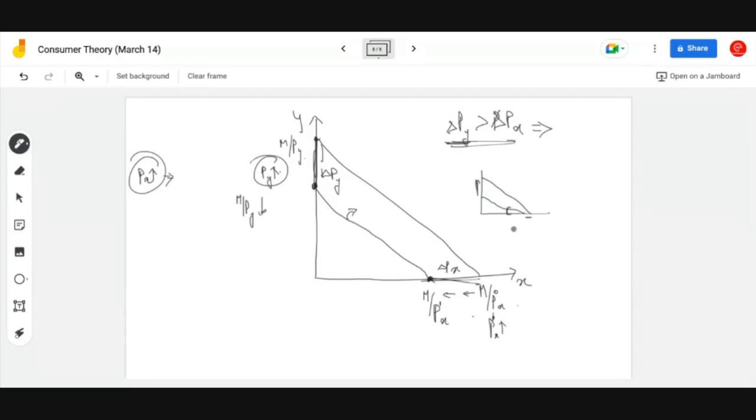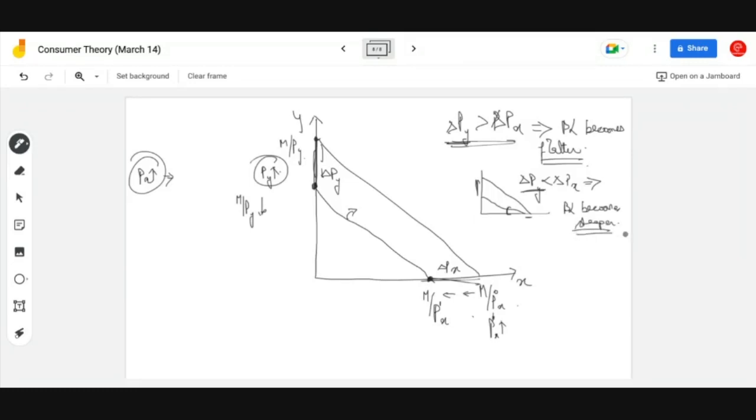So the budget line becomes flatter. If delta Py is less than delta Px, so we need to look at a proportion, it means the budget line becomes steeper.